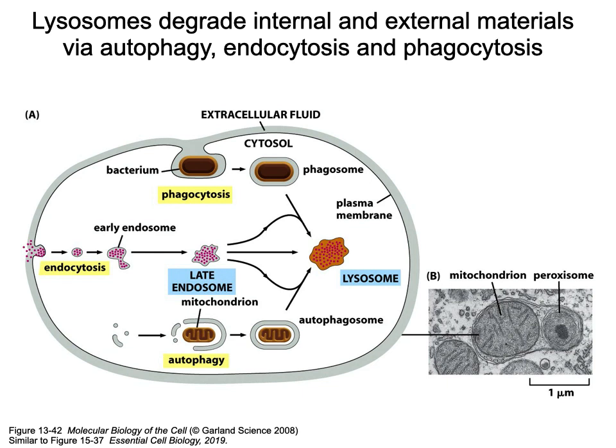Here we see an autophagosome that has material from the cell, cellular debris. We also have a phagosome. This is where we have a bacteria that the cell has engulfed through phagocytosis, and that vesicle would be called a phagosome. These will fuse with the lysosome with these digestive enzymes, and that dissolves this material.